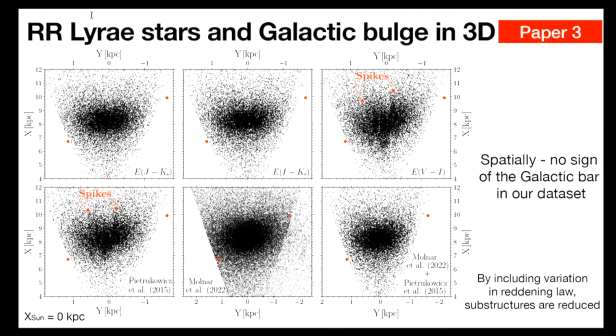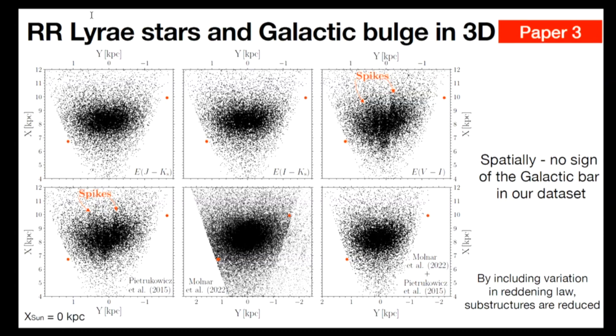Here is a comparison of the distances that we determined. The top 3 panels represent the distances derived in our study, and the bottom 3 panels represent the distances derived in the previous work. If I look more at the infrared part, the J minus K and I minus K, that's where you see this kind of bulk, and the red points are supposed to represent the end points of the Milky Way bar.